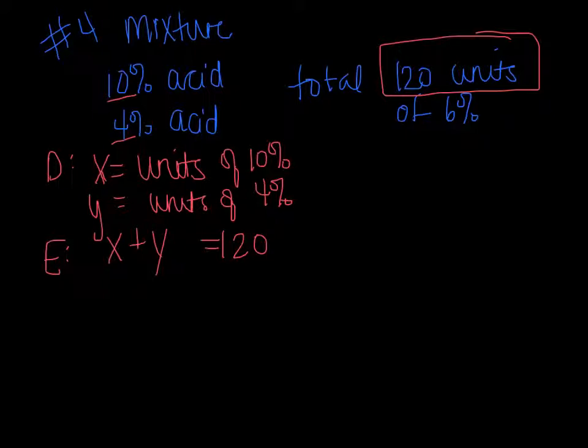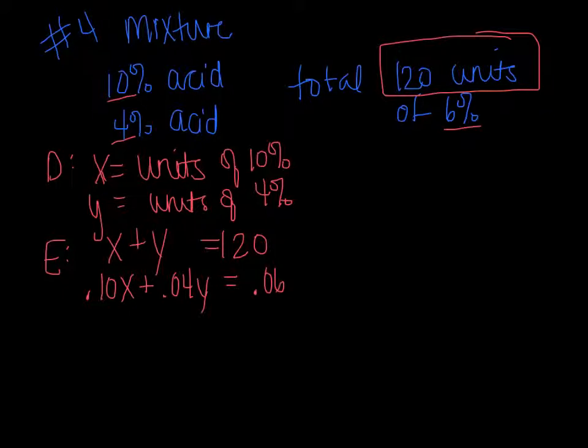My second equation is the one that's going to tell me about my 10%, my 4%, and how I'm going to mix those together to end up with a 6%. So if I look at the number of units that I have of the 10% solution, they have 10% in decimal form battery acid, plus 4% of the battery acid, the amount of the units that I have of the 4%, I'm going to end up with a 6% battery acid solution.